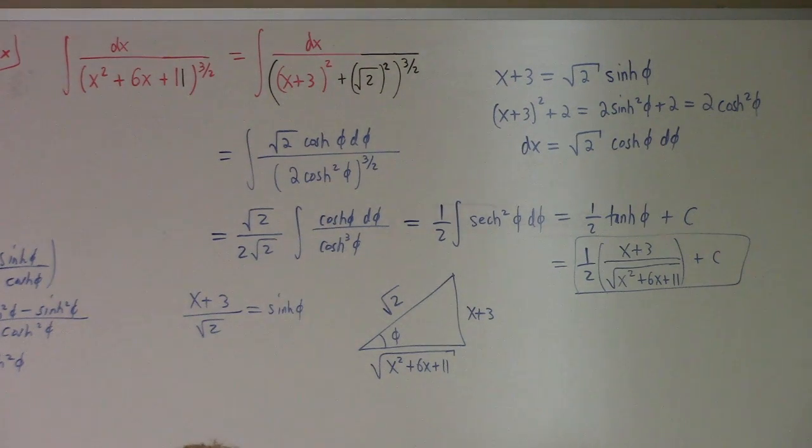Once I say tangent theta is x over 2, because sine and cosine are related to tangent, there are all kinds of other things that have to be true about sine and cosine. Those are encapsulated in this triangle. Once I write this triangle, you can see that sine theta has to be x plus 2 divided by that, and cosine has to be 1 over that.